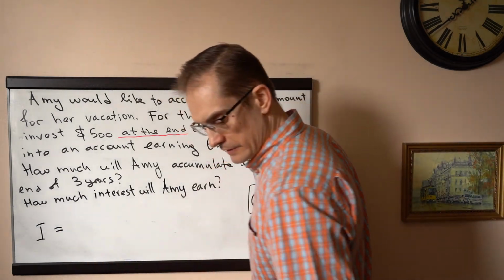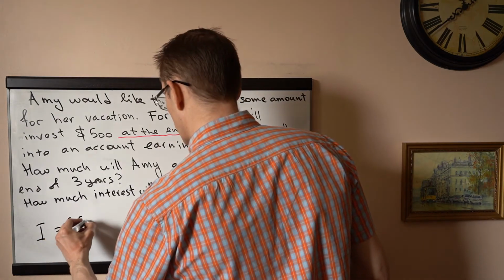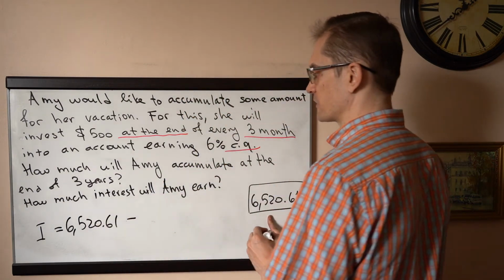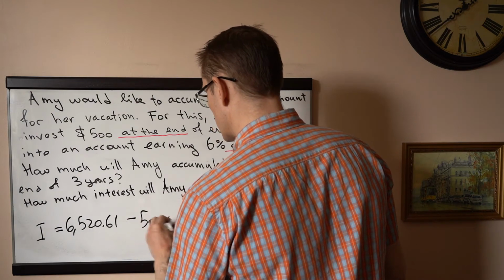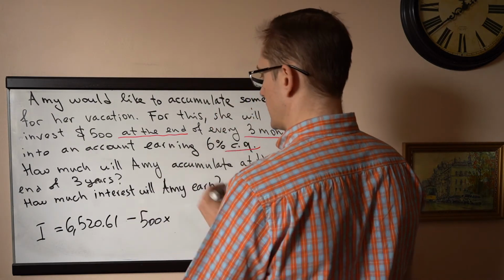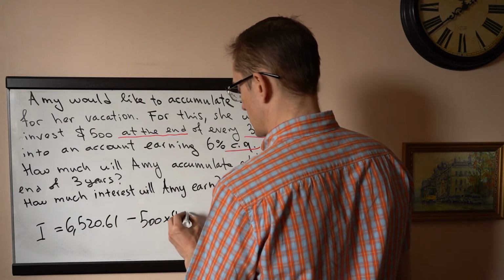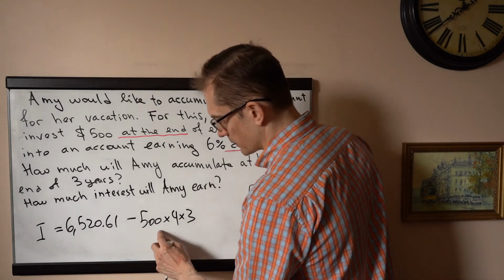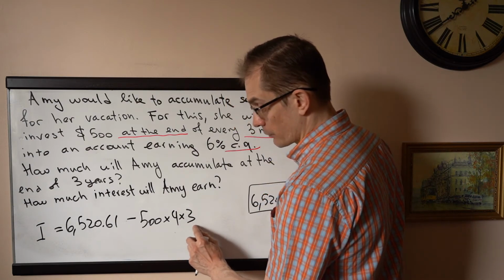So in our case here, Amy accumulated 6,520.61, and from here we'll be subtracting all the money that Amy paid, which is 500 times how many payments were actually made. So we have 4 times 3, because Amy paid $500 4 times a year for 3 years.